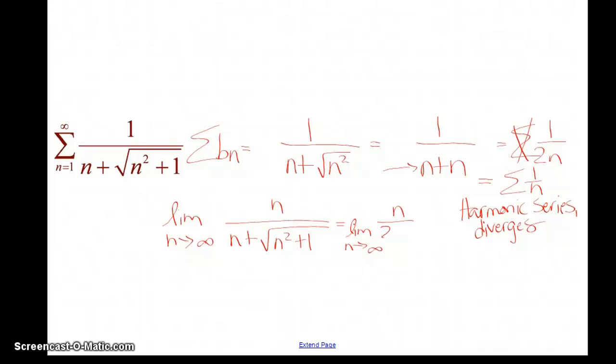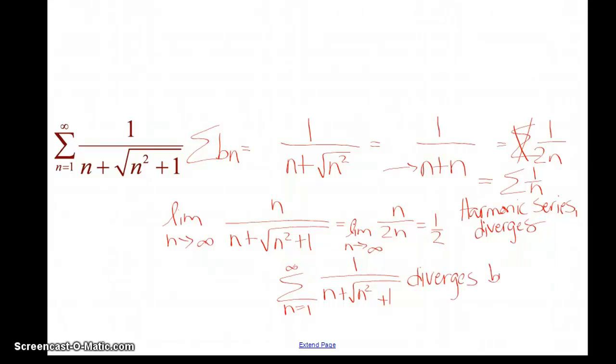So the numerator's acting like n, the denominator's acting like 2n. So I would say that that's 1/2, and that's a good result. So the original series, n equal 1 to infinity, of 1 over n plus the square root of the quantity n squared plus 1 diverges by the limit comparison test.